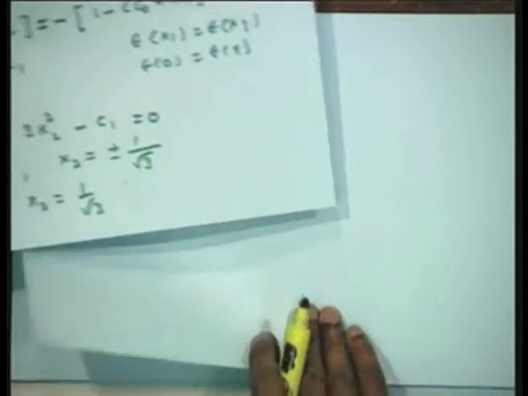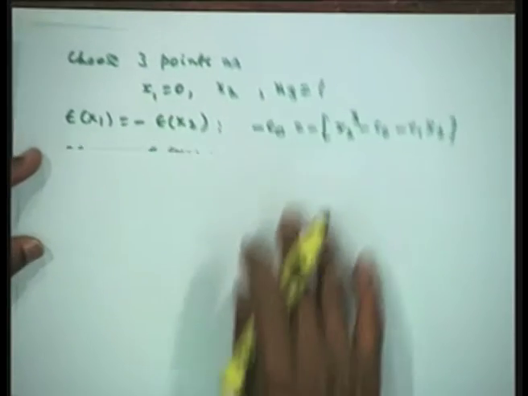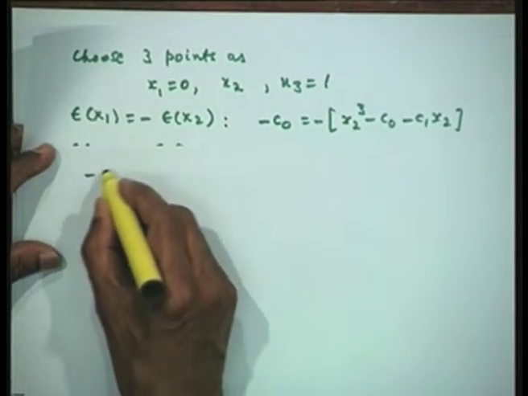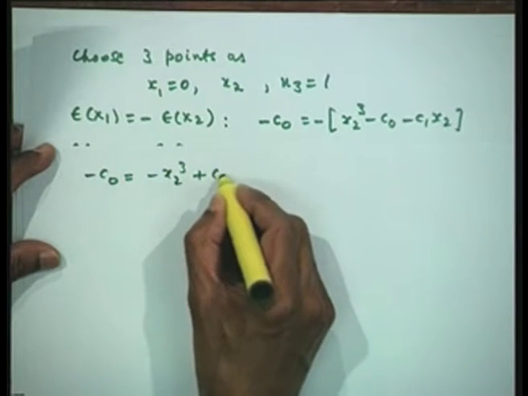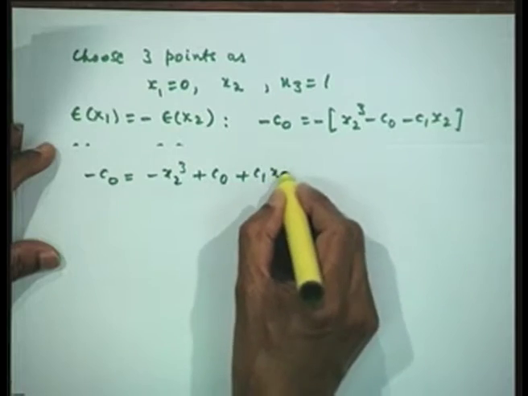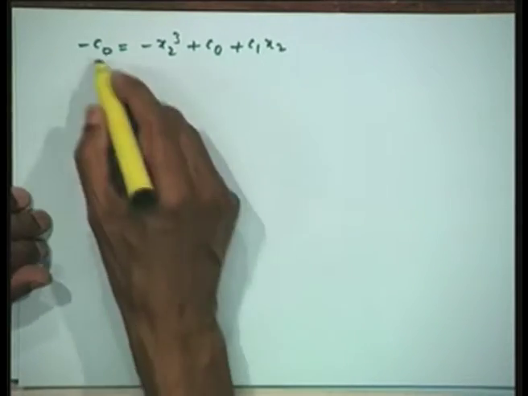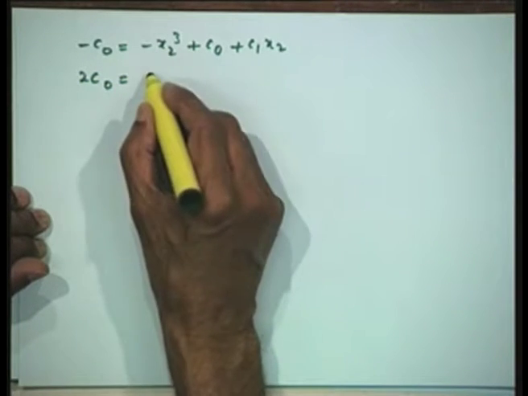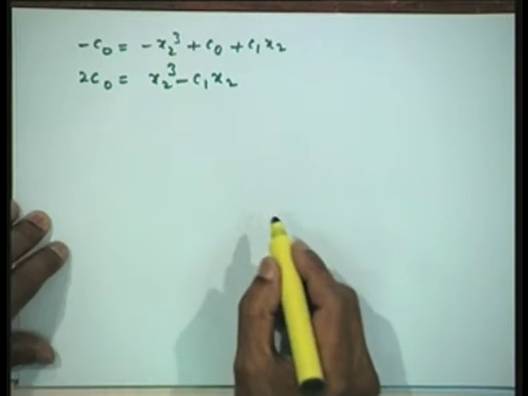Now, I can use any one of these equations to get my value of C naught. So, let us take the first equation and rewrite it here. This is minus C naught is minus x 2 cubed plus C naught plus C 1 x 2. So, if I take it to this side, I will have 2 C naught is equal to x 2 cubed minus C 1 x 2.